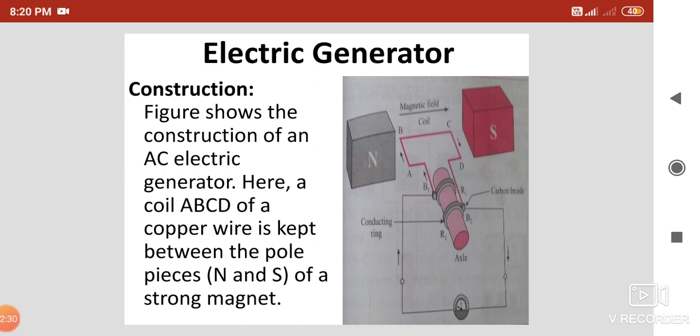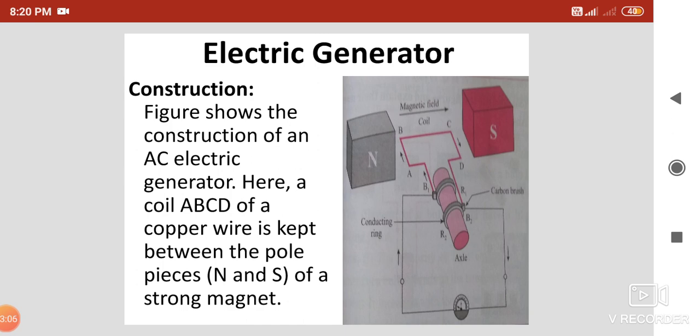As it will start from D, it will go to C, then B, and then A. As AB is always in contact with B1 and CD is in contact with B2, the current in the external circuit flows from B1 to B2 through the galvanometer. Thus, the direction of the current in the external circuit is opposite to that in the previous half rotation. The process goes on repeating and alternating current is generated.